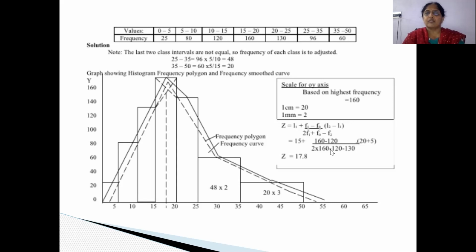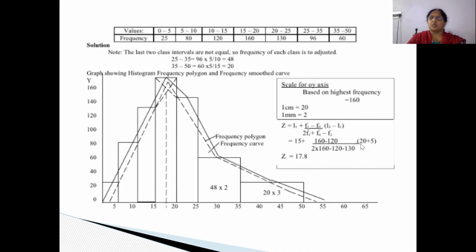And f0 is how much? 120. f2 is how much? 130. So substitute all the items, and then the difference is 15. So 5. Here L is how much? 20. So L is 20 plus 5, 25. So we are going to get 17.5.